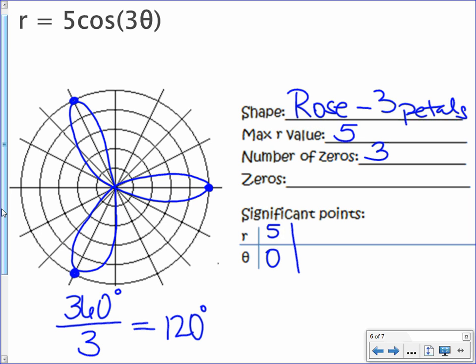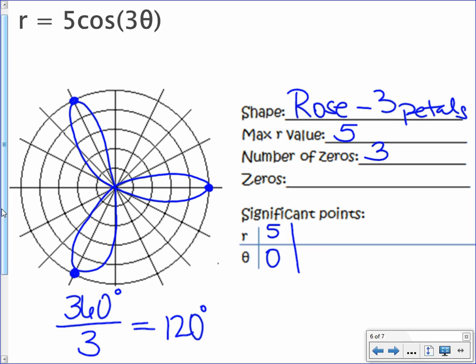How do we find our zeros? Do you have an idea? No? We need to plug something in. What did I tell you being a zero meant?